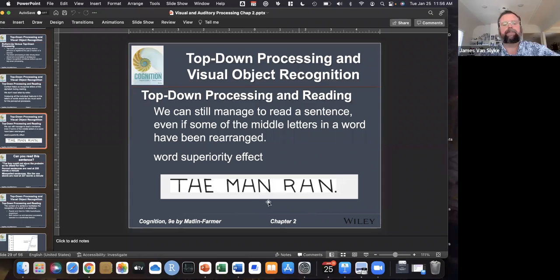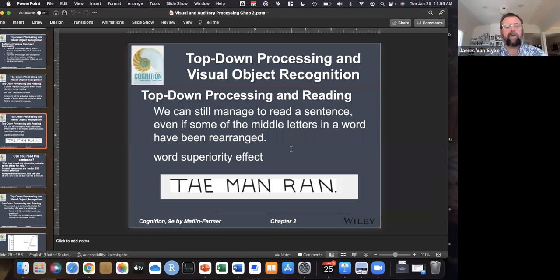In fact, some people would almost finish each of these A's as they're reading this sentence, because that's the way in which we interpret what the sentence is. We take ambiguous information, even stuff that doesn't exactly make sense, and we make sense out of it. So we can still manage to read this sentence, even if each of the middle letters in the word has been rearranged.